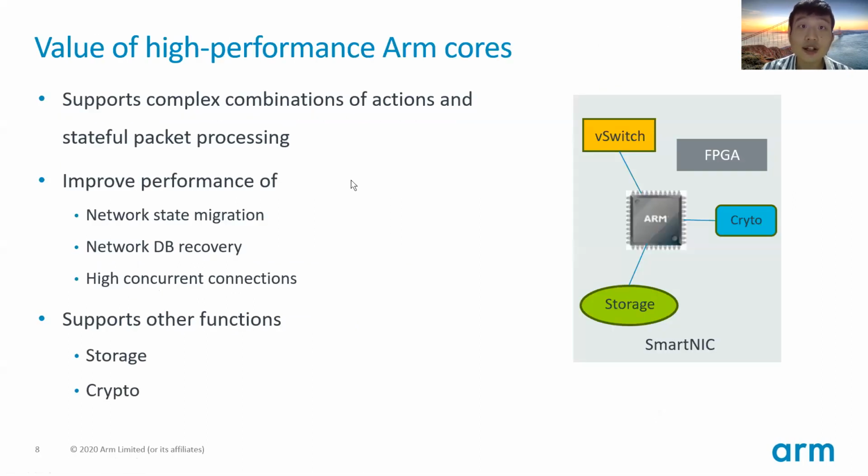In full OVS offloading, high-performance ARM cores are available. It supports complex combinations of actions when processing the network traffic, and it also supports stateful packet processing, for example network state migration. It can migrate stateful TCP connections.